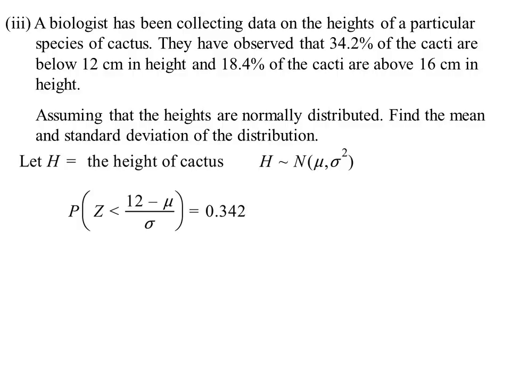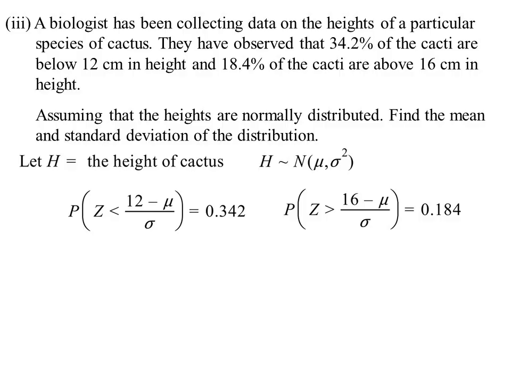We want the probability that, if I standardize the data now, below 12, subtract the average, divided by the deviation, is 0.342. So the first one's 0.342, the second one's 0.184.